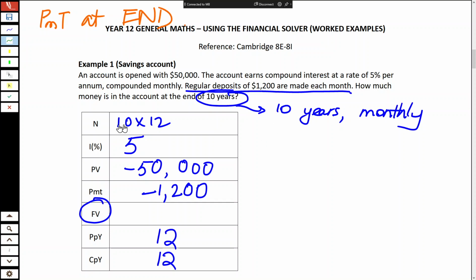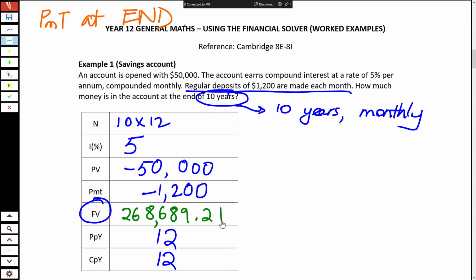Wait, this is interesting. We all seem to be getting different answers. So this is what I've got. Okay, no, it's the same answer. I just said it wrong. So we just leave it as that. For now, just round to the nearest cents.